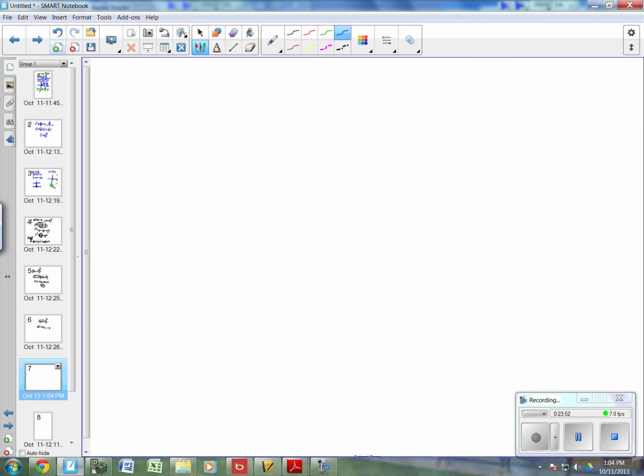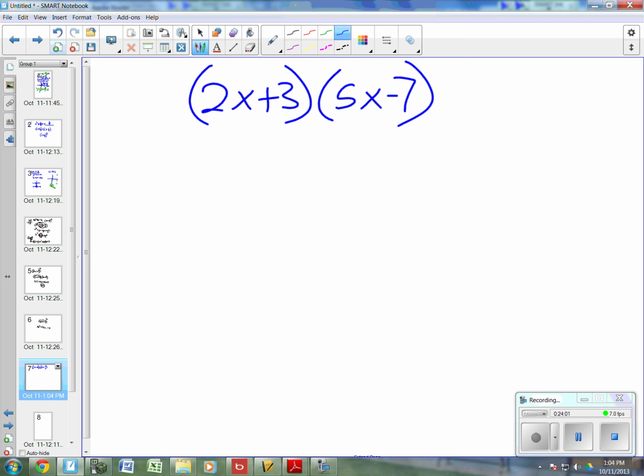Let's say I have something like 2x plus 3 times 5x minus 7. How many of you, by raising a hand, know how to multiply these two together? I'm going to show you a little thing that they do on here. I've seen it before, but I've never used it, but I want to see if it's easier.